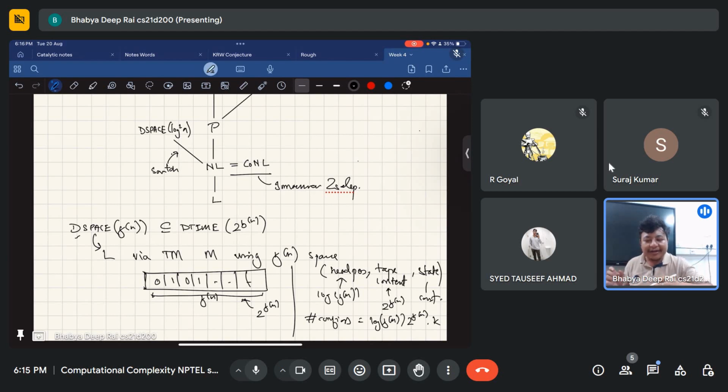As you can see, this does not actually depend on log. I can take any space-bounded class, take the Turing machine for it, and see that the number of configurations is so many.